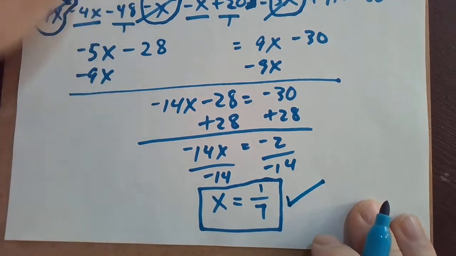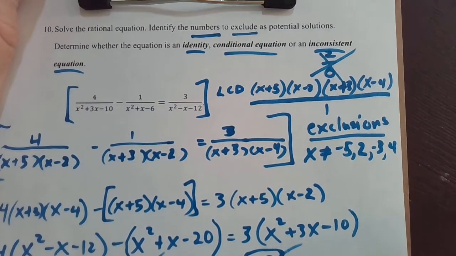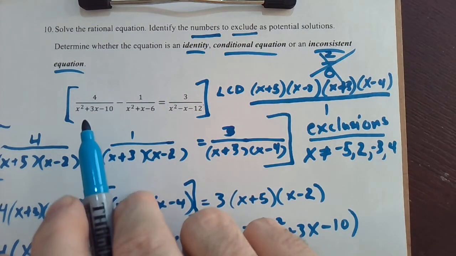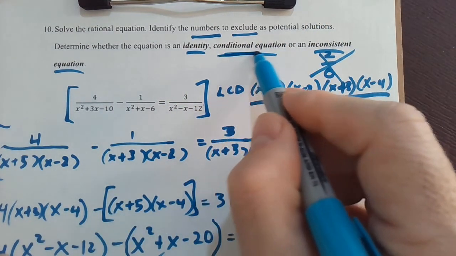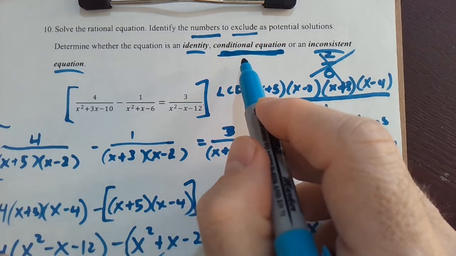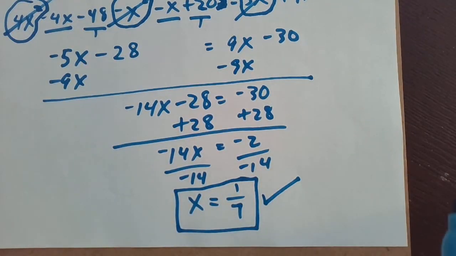And one final question that was asked is, do we have an identity, conditional equation, or inconsistent equation? Well, as I mentioned earlier, almost everything is going to be a conditional equation. 95 or more percent of our equations will be conditional because it'll have a solution. It might have 1 or 2 or 3 or 4 solutions, but it will not have an infinite number.